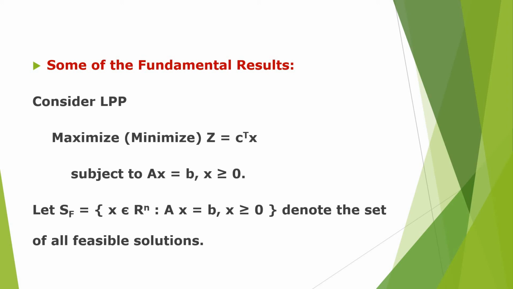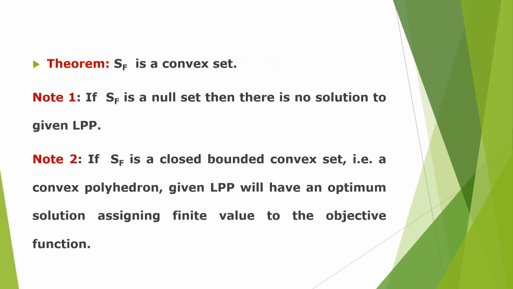So SF is the set of all x, obviously real valued, such that Ax is equal to b and x is greater than or equal to 0, and it denotes the set of all feasible solutions. The very first result is that SF is a convex set.